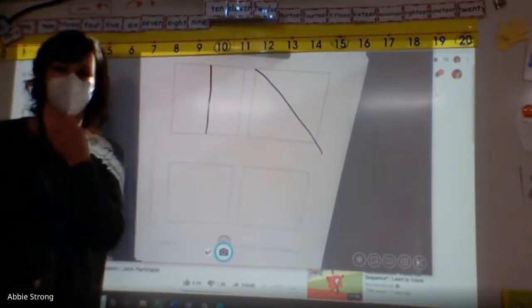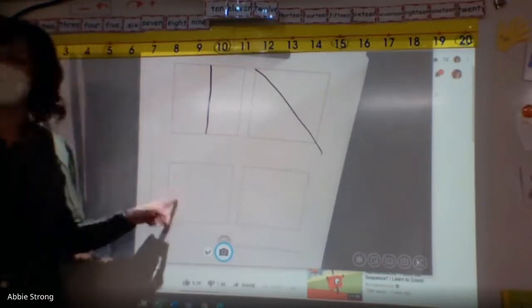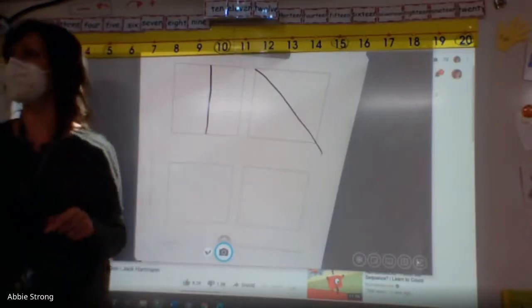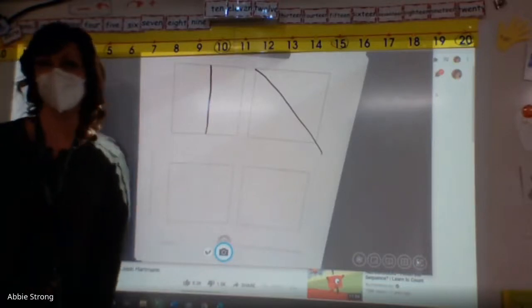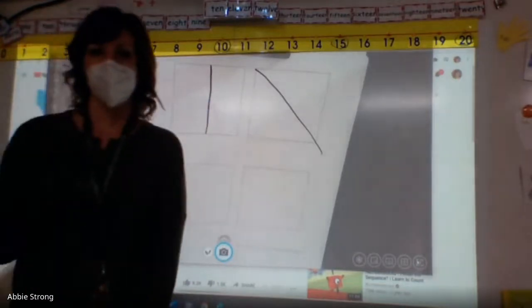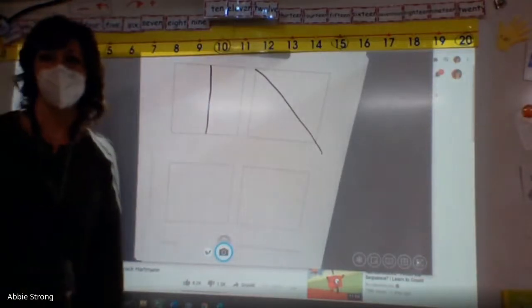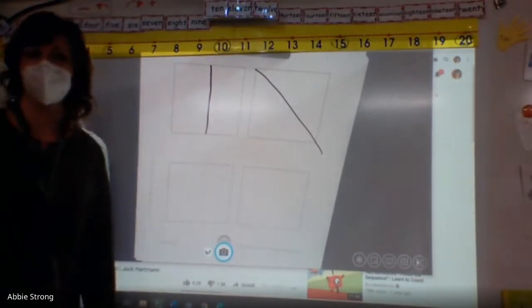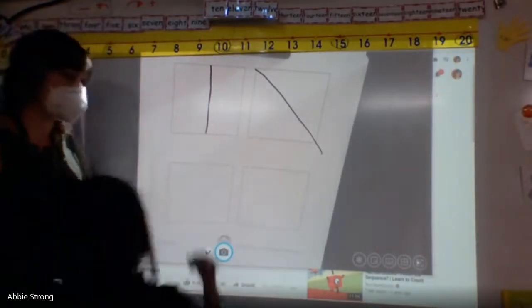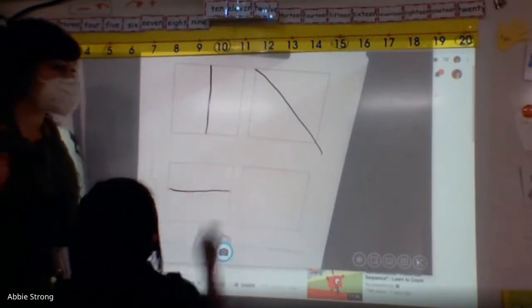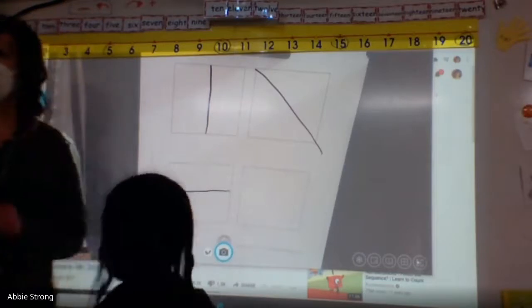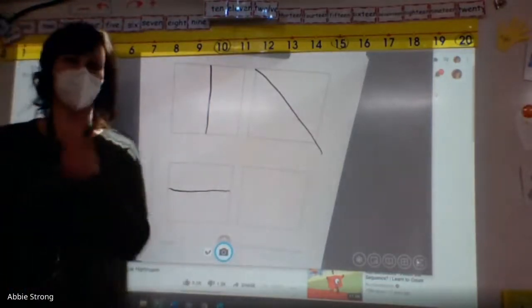Peyton, come do this one for me. This bottom left square. I want you to find another way to divide it in half. All right, how's another way you could divide it in half? Good job. Perfect.